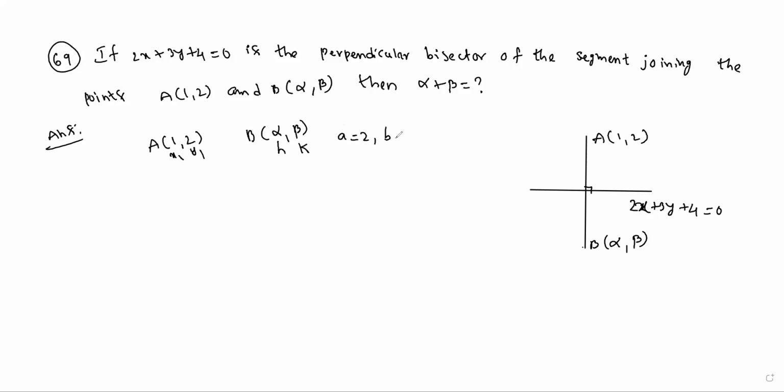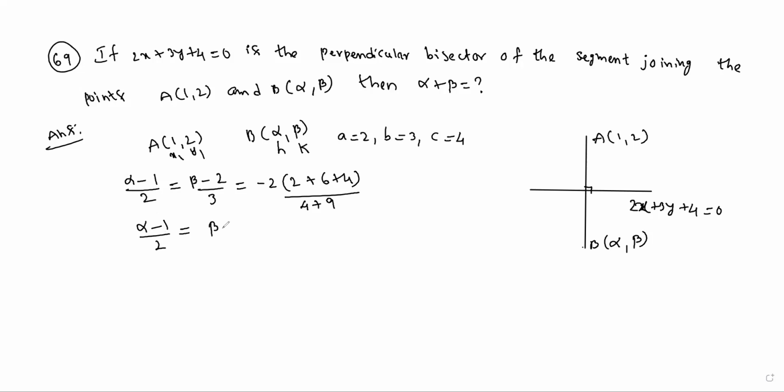A value 2, B value 3, C value 4. So h minus x1, since we need to find the image here: alpha minus 1 by 2 is equal to beta minus 2 by 3 is equal to minus 2 times (a x1 plus b y1 plus c) by (a squared plus b squared): 2 into 1 is 2, plus 3 twos are 6, plus 4, by 2 squared is 4 plus 9. In total, 2 plus 6 plus 4 is 12, and 12 into minus 2 is minus 24 by 13.